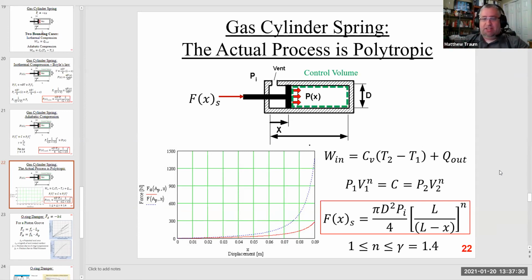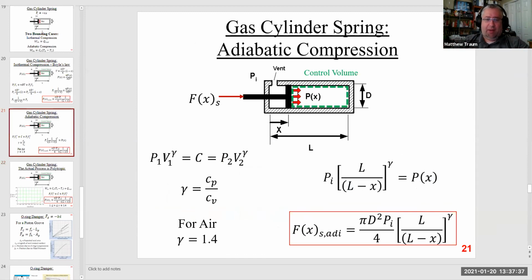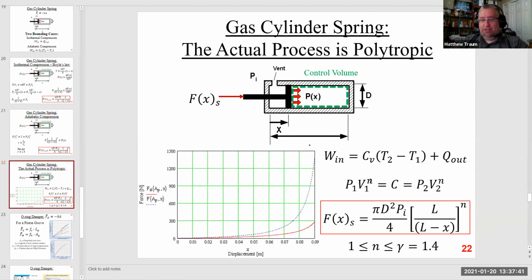And the good news is that the equation that governs a polytropic process is basically the same as the one that governs the adiabatic process, except instead of using gamma, I use N, and N is some value between 1, which is an isothermal compression, and gamma, which is an adiabatic compression. And so I get the exact same equation, except instead of gamma, I've got N here in the exponent, but otherwise it's completely the same.